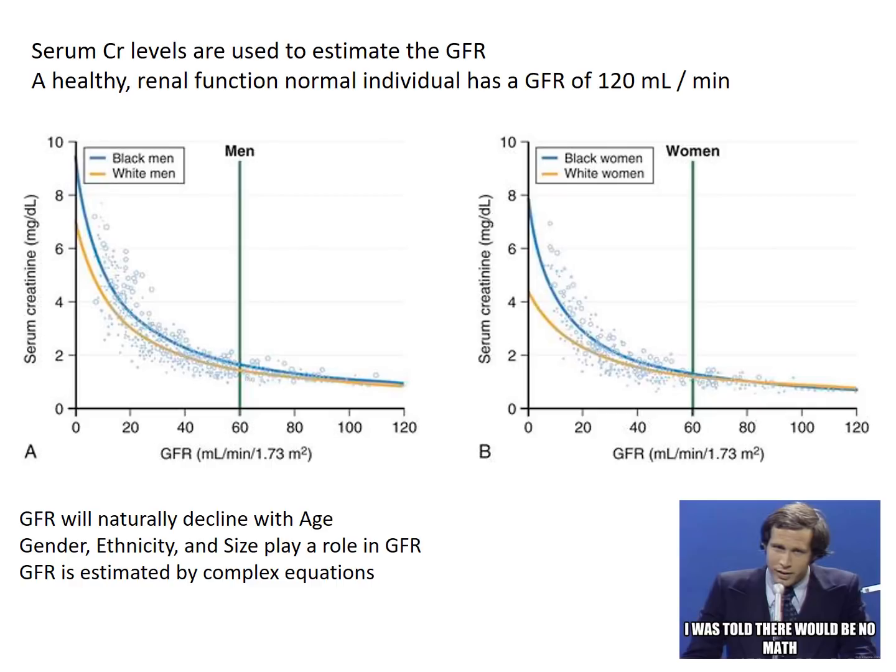So we can take advantage of that and estimate a person's GFR by their serum creatinine level. Men are different than women. Black is different than white. So there's some other factors that go into this, but what's super important and critical is understanding the inverse relationship of serum creatinine levels to GFR.